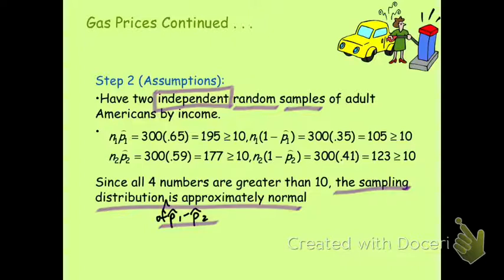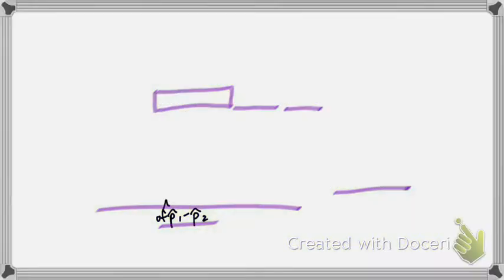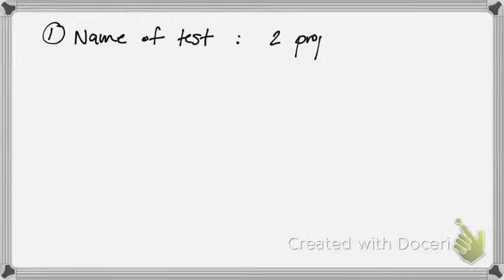Okay, on calculations, I'm just going to write it out. You're going to put the name of the test. In this case, it is a 2 prop Z test, test, not interval. Then you're going to do the formula by itself.